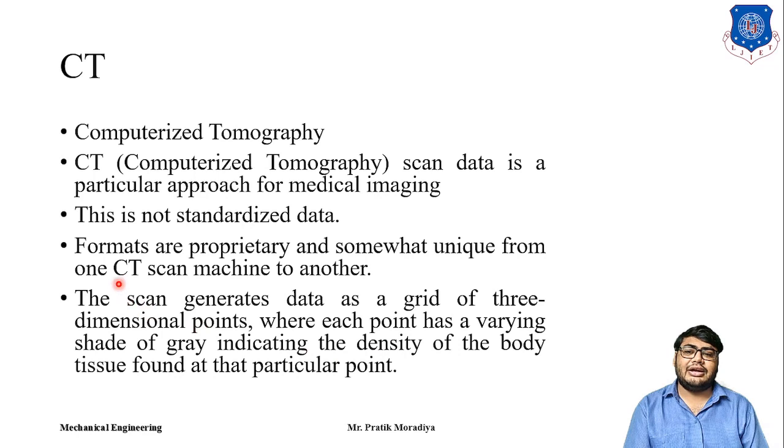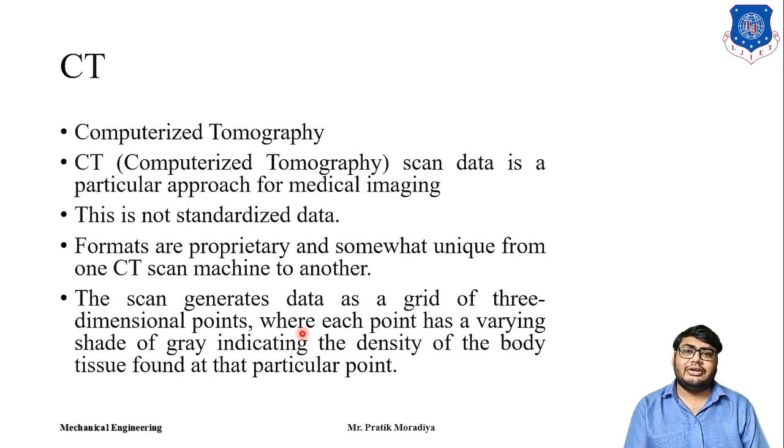So CT data can be used to generate data about density at different levels of a component, and this is very useful when we are doing 3D printing of parts and we want different density in different areas.